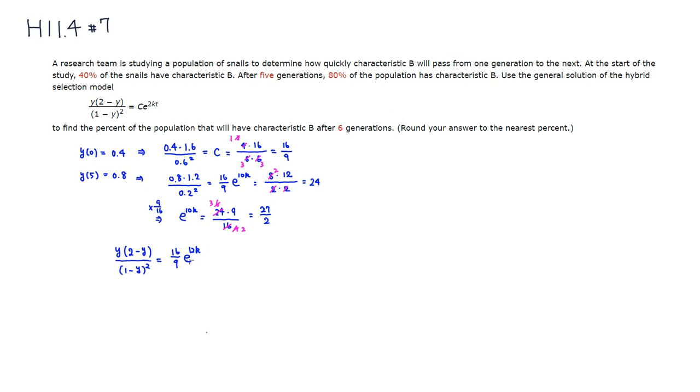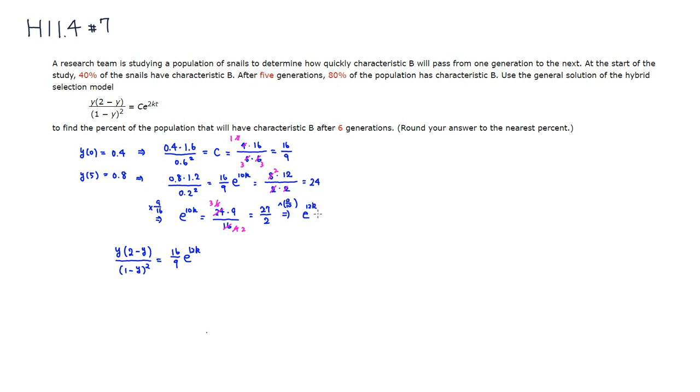So this is the value we're looking for. So we need to find e to the 12k. So I actually have e to the 10k. So what I'm going to do is raise it to the 12 over 10 power. That way you have e to the 12k.